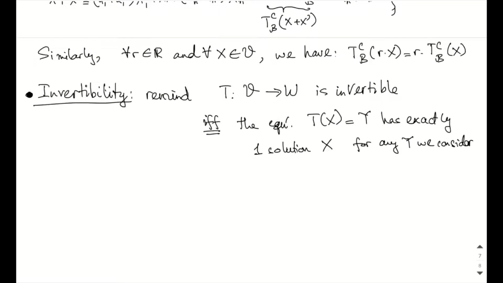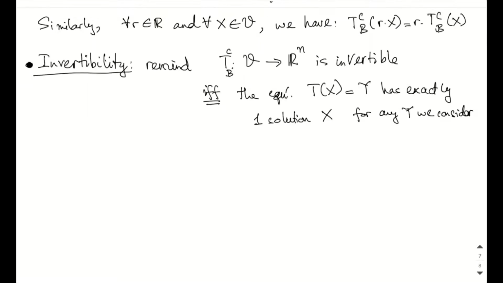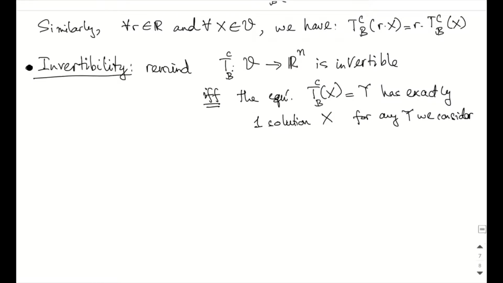We are considering the linear transformation that is the coordinate transformation between V and Rn. So first we need to show that if we start with a y from Rn, there will be an x so that TCB, the coordinate transformation with respect to the basis B, is going to take that x into y.